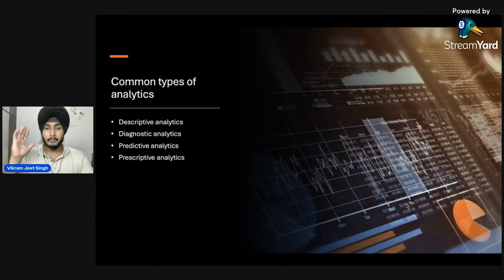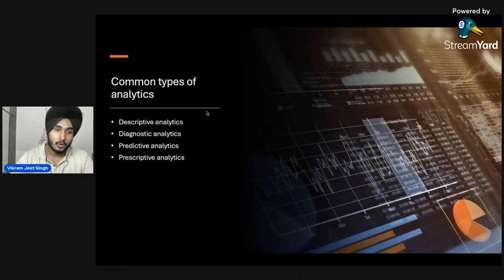So these are the most common types of analytics practices in the market. The first two, descriptive analytics and diagnostic analytics, are the ones mostly used in data analyst, product analyst, and business analyst roles.